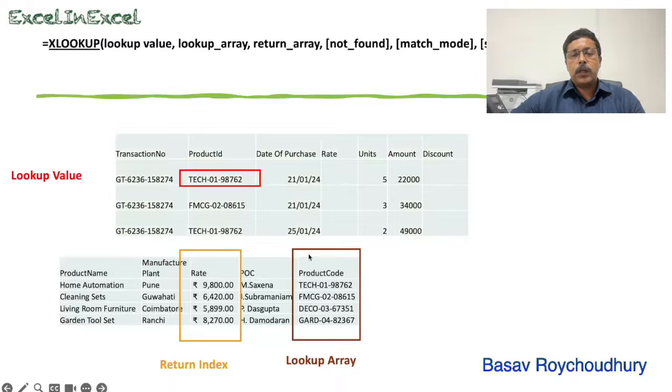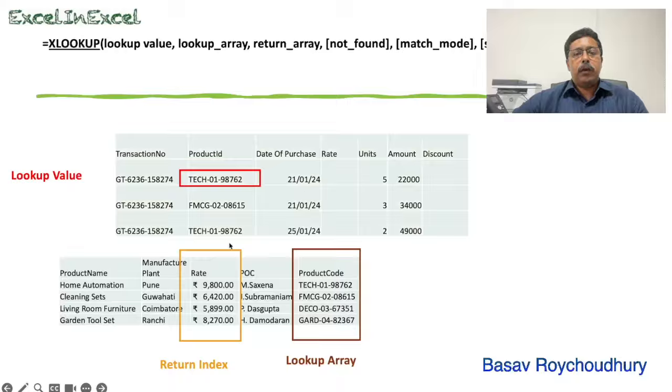In that case, of course, instead of selecting a column, I would have selected a row for my lookup array, and another row for my return array. And they can be in any position. They can be on the right or the left, on the top or below, and it doesn't really matter. Therefore, if we are using an Xlookup, we can overcome the limitation of the Vlookup and Hlookup that we had mentioned some time back.